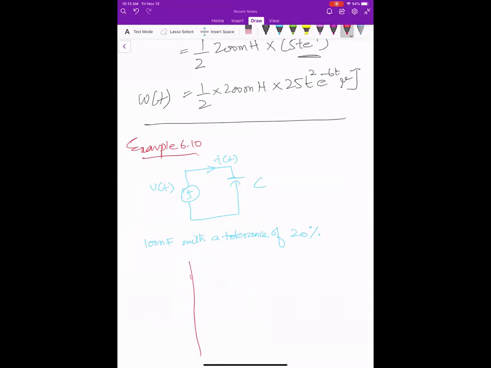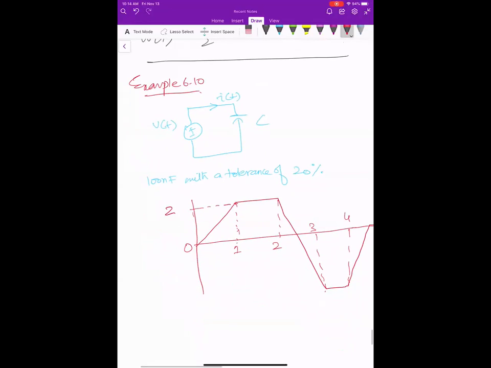So I will show you the graph of the voltage. Okay, so this is 0, this is 1, this is 2, this is 3, this is 4.